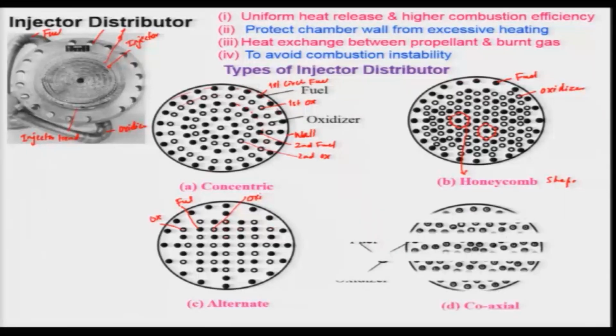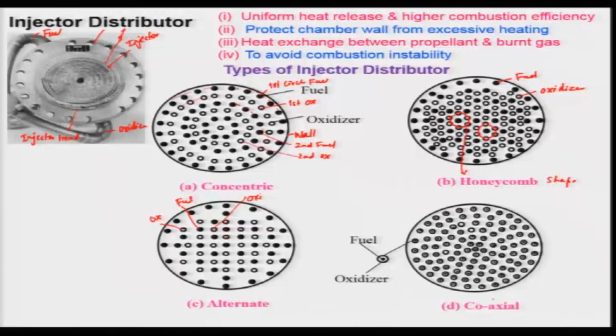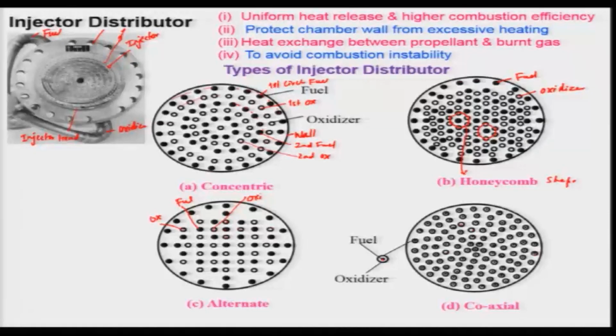There is another one which is used very much, known as coaxial. If you look at it, this is your fuel at the center, and the oxidizer is around it, and this is used particularly for cryogenic engines. In this case, which I have not shown, the wall has to be protected properly, because the oxidizer is coming around the wall, and this is the wall.